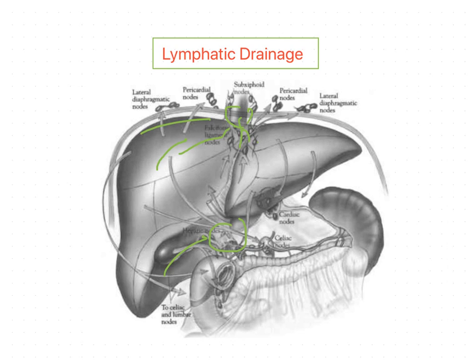And the lymphatics from the posterior parts accompany the inferior vena cava and end in vena caval nodes situated near the vena caval orifice of the diaphragm.